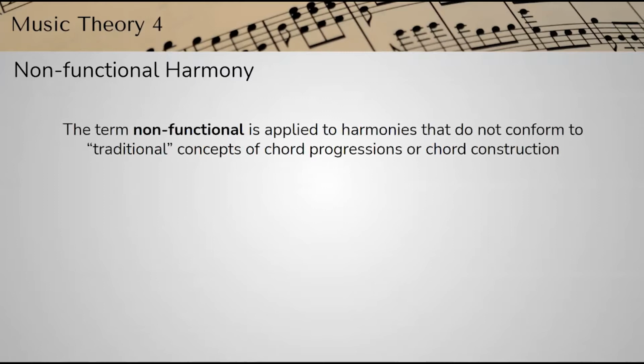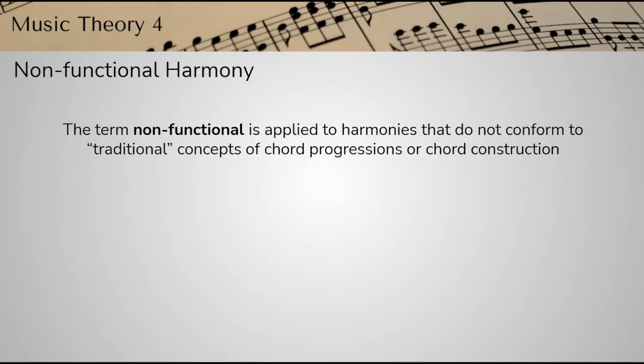So let's first talk about something called non-functional harmony, which the book brings up, and it is worth discussing a little bit. The term non-functional is applied to any harmonies, chord progressions, or chords that do not conform to traditional concepts of chord progressions or chord construction, particularly the chord progression part.